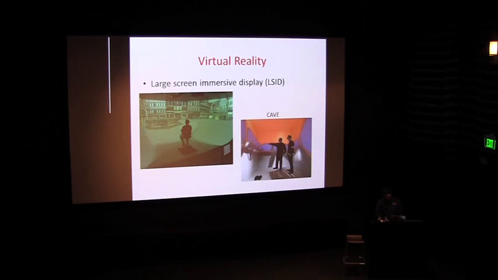With respect to displaying these environments in an immersive fashion, one either uses a large screen immersive display, which consists of multiple displays, such as this CAVE example in the bottom right at the University of Chicago, or curved displays, such as the ones at the Max Planck Institute, where the imagery is generated in first-person perspective with a wide field of view.